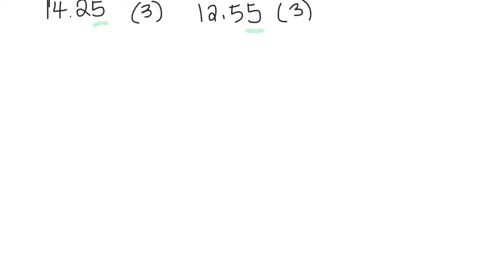Are there zeros behind this? Nope. Are there numbers behind this? Nope. So you're not rounding up like you used to do until you took physics. And math changed forever. 14.25 will become 14.2. 12.55 will become 12.6.